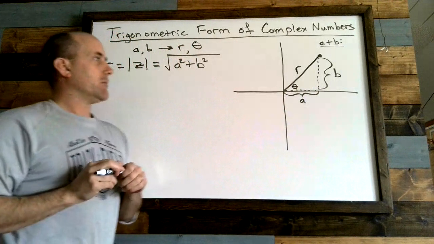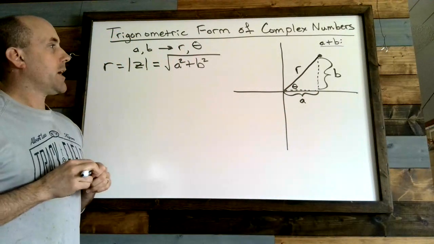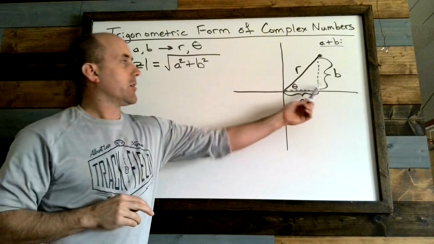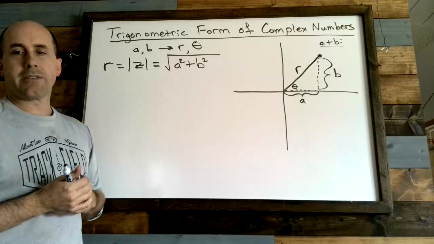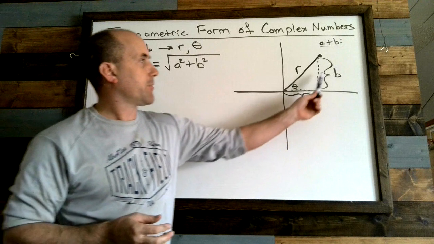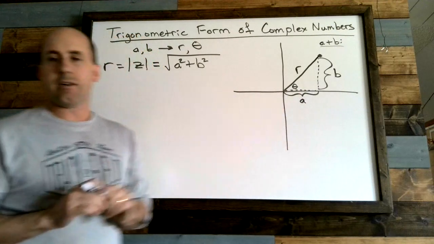Theta is an angle, okay? And so in this situation, as we want to find theta, we have to determine something that's special about A and B and theta.